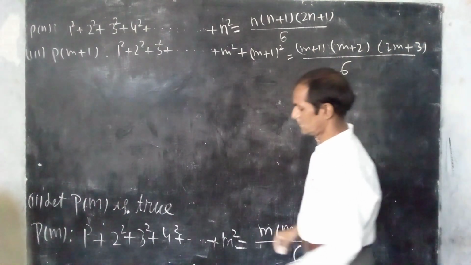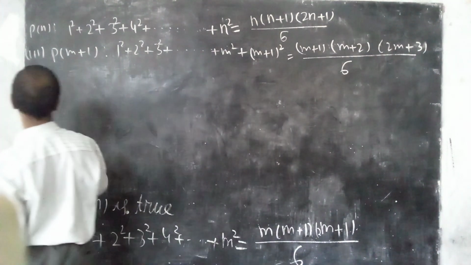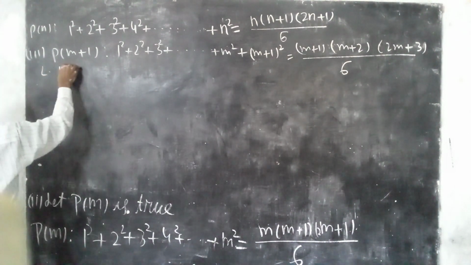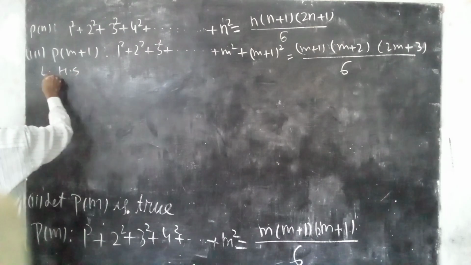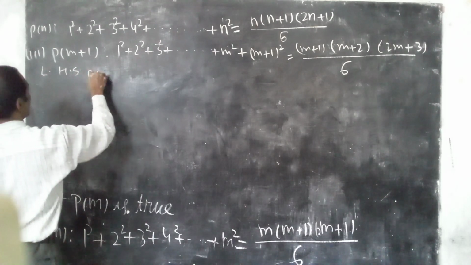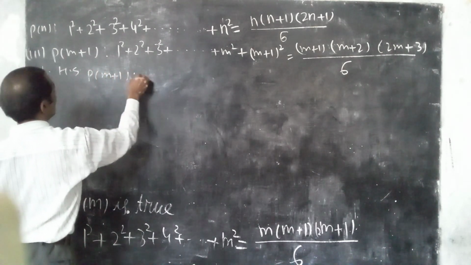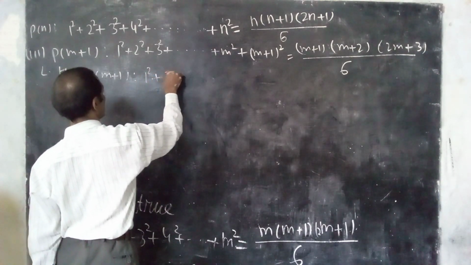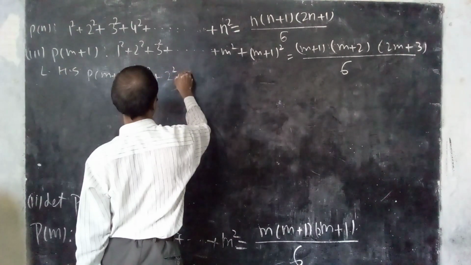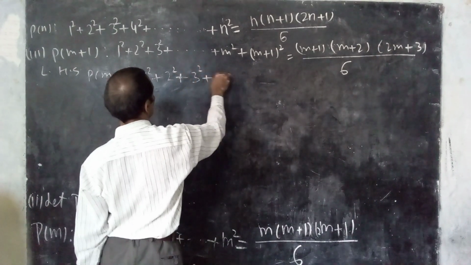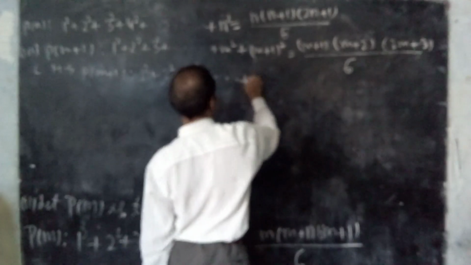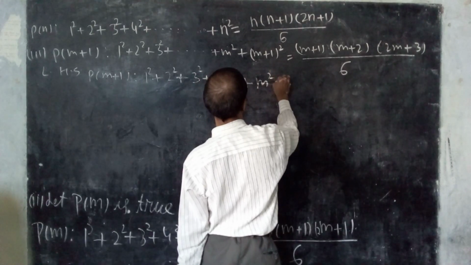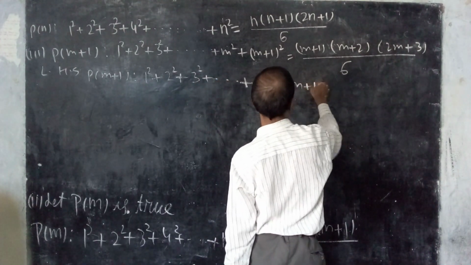So take the left side of the identity Pm plus 1: 1 square plus 2 square plus 3 square dot dot plus m square plus m plus 1 whole square.